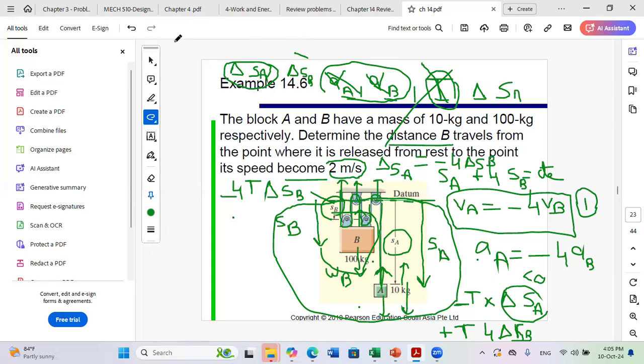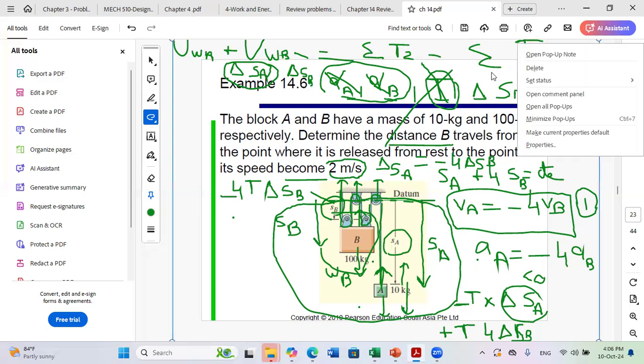You say, I have the work of weight of A plus the work of weight of B is equal to, since you have 2 blocks, the summation of kinetic energies at state 2 minus the summation of kinetic energies at state 1. But since the system is released from rest, the summation of T1 is 0.